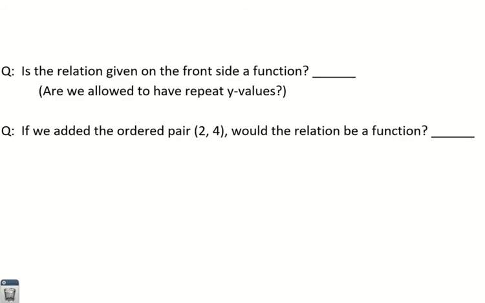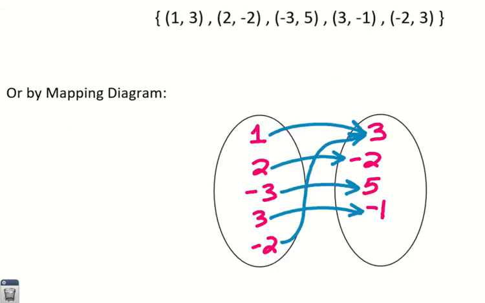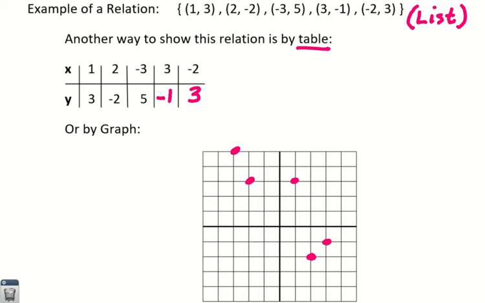Is the relation given on the front side a function? So whether you look at this table, or you look at this list, can we call it a function? Are we able to give it that label of function? We see that there's no x values that repeat, but there is a repeat y value.